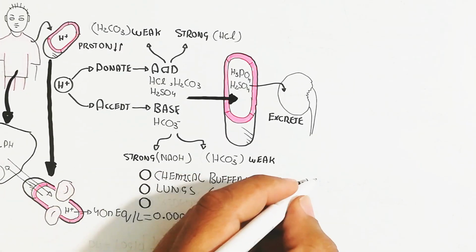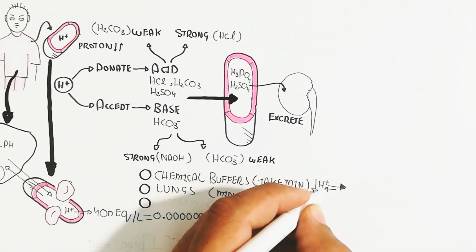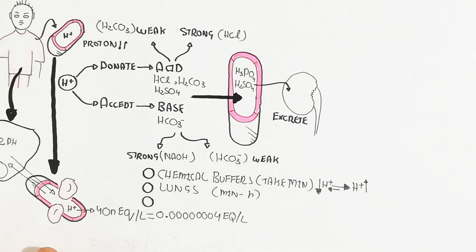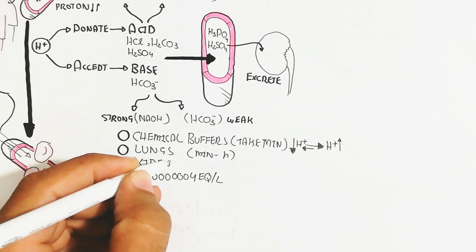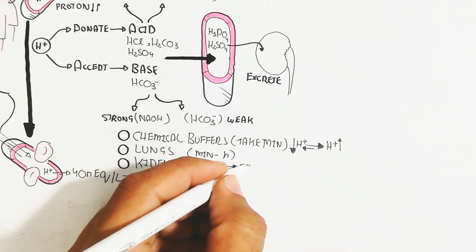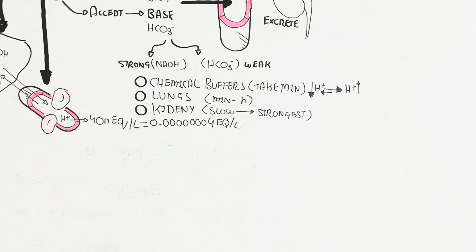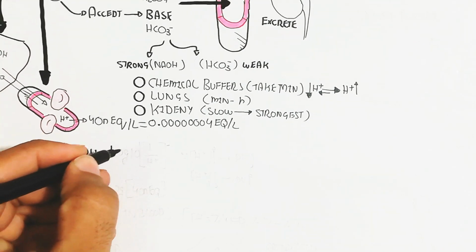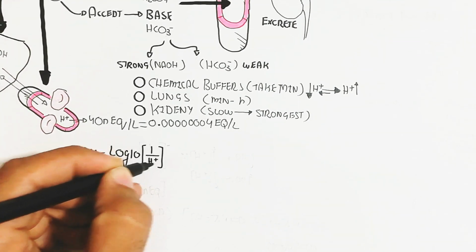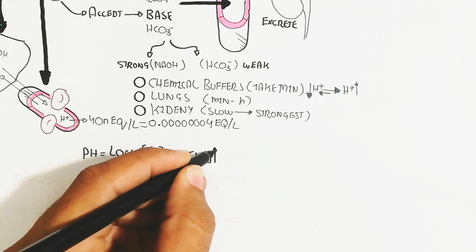Chemical buffers take minutes for acid-base balance, while the lungs take minutes to hours, and the kidney is slow but strongest. The pH is shown through log 10.